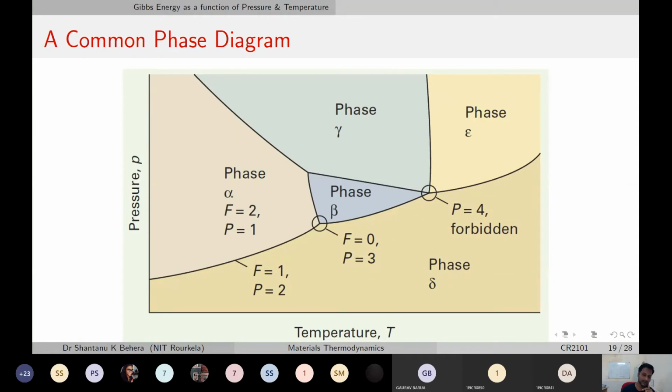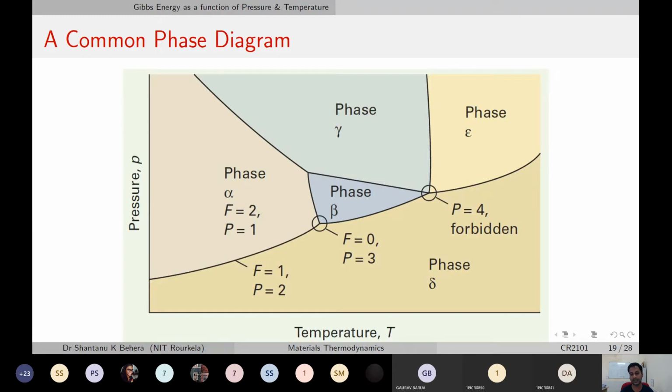And here, what we're trying to see is a kind of map where we have two variables, pressure and temperature. What we're trying to find out in these regions is the stability of each of these phases. Now, what kind of phases do we have here? We have the alpha phase of whatever material we're talking about.